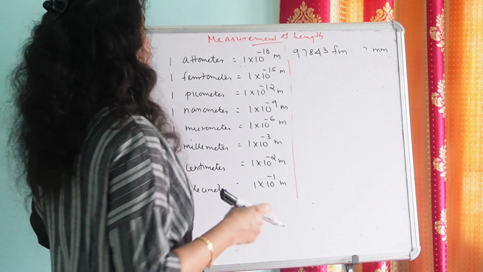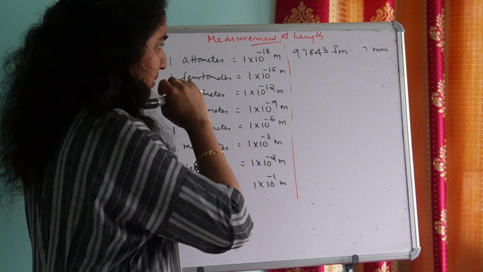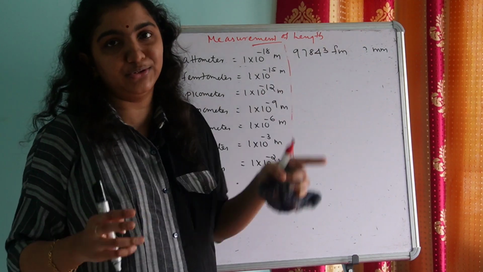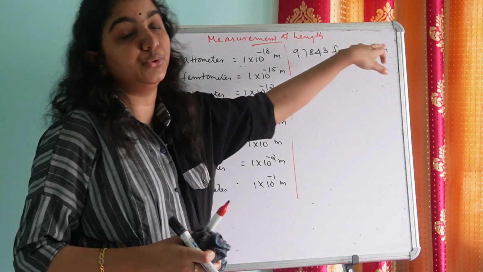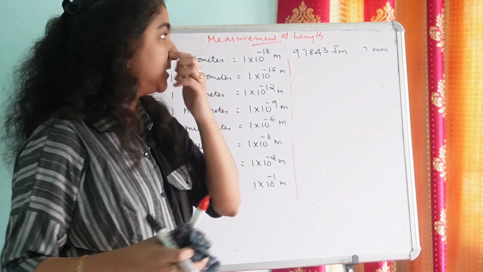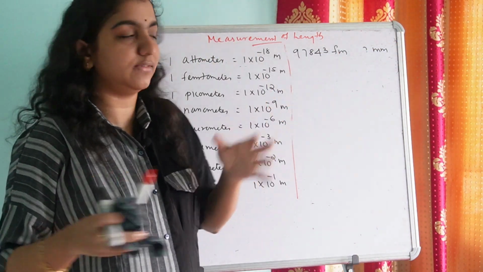How can we derive? Yes. Even though we don't know a direct relationship connecting these two units, we know the relations connecting these two units with meter respectively, isn't it?